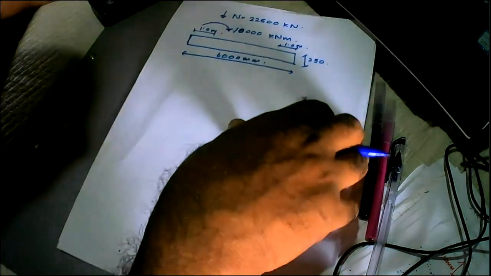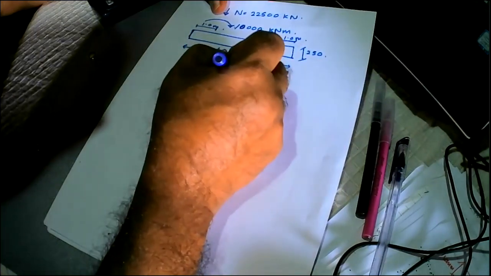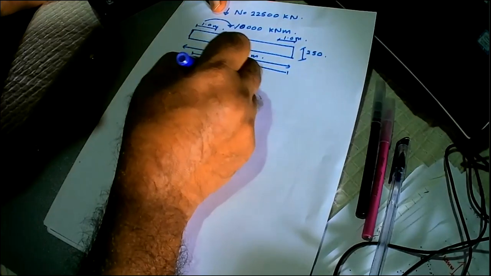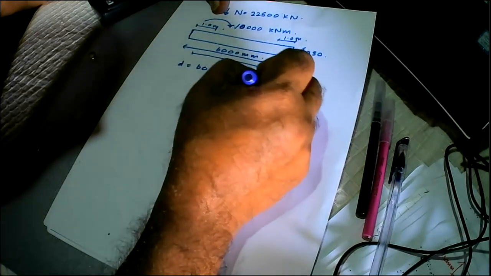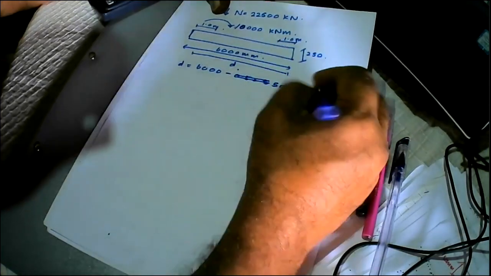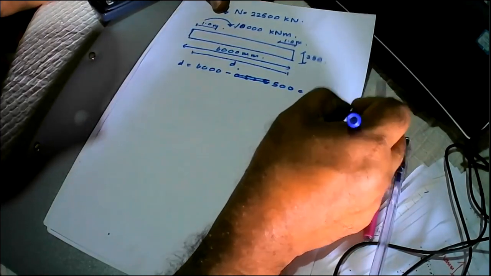And then we can find the distance to the centroid, that is D, equal to 6,000 minus 0.5, so minus 500, and this will be 5,500 millimeters.